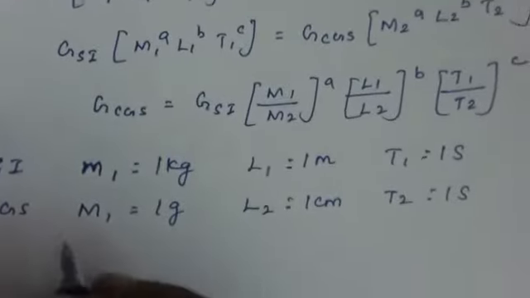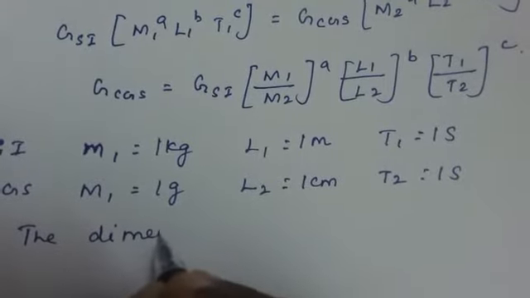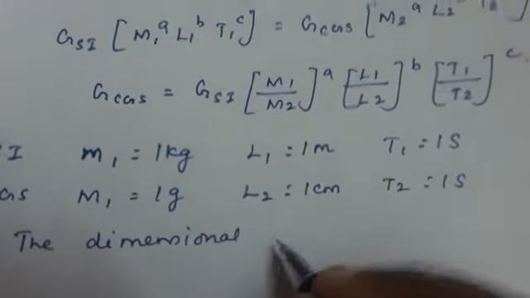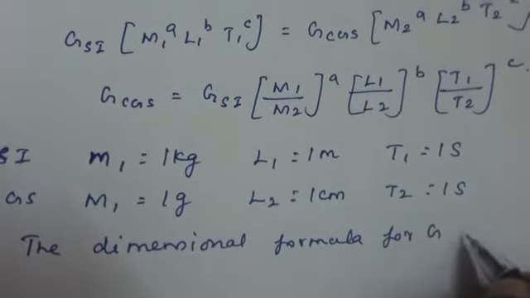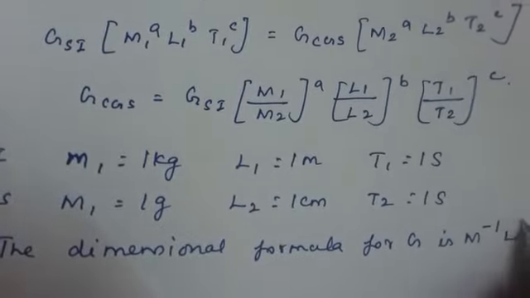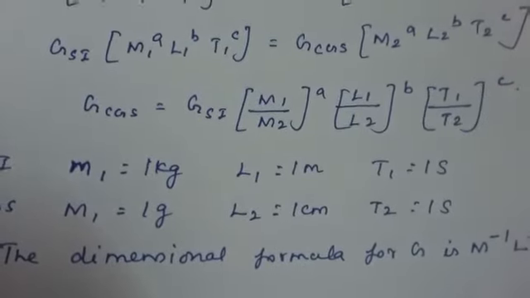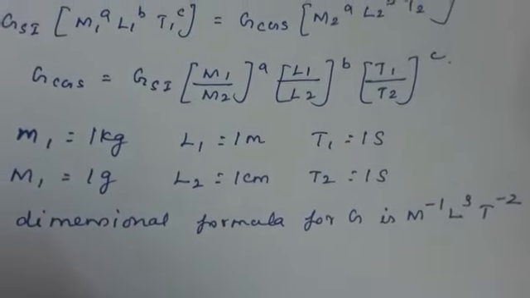So now we are going to write the dimensional formula for G, that is for gravitational constant, which is M raised to minus 1 L cube T raised to minus 2.